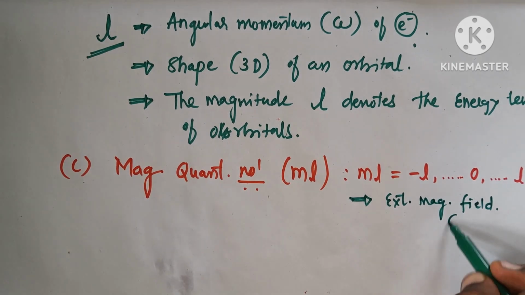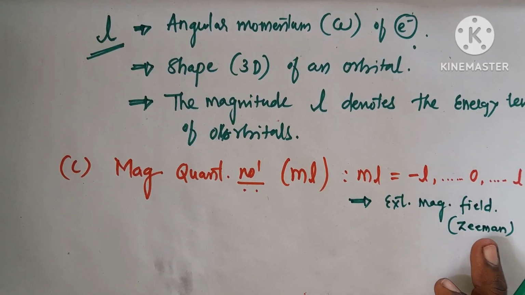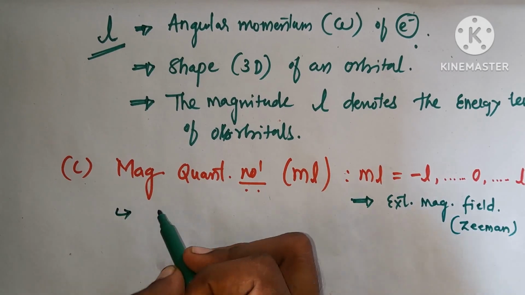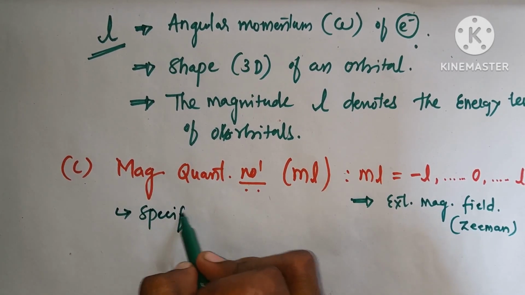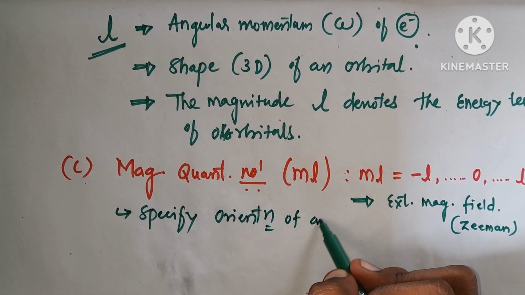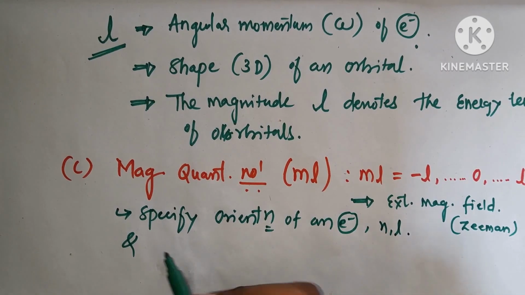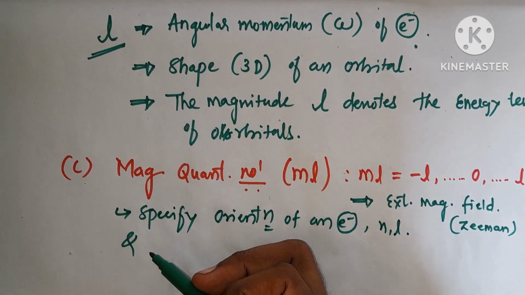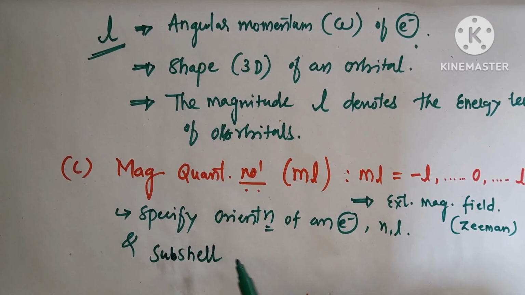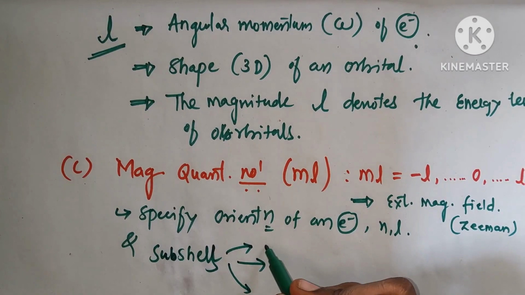That's considered some kind of Zeeman effect, but not to include, we are just relating the concept here, where magnetic quantum numbers specify the orientation of an electron, and also with n and L, this will divide all the subshells into their degeneracy levels.